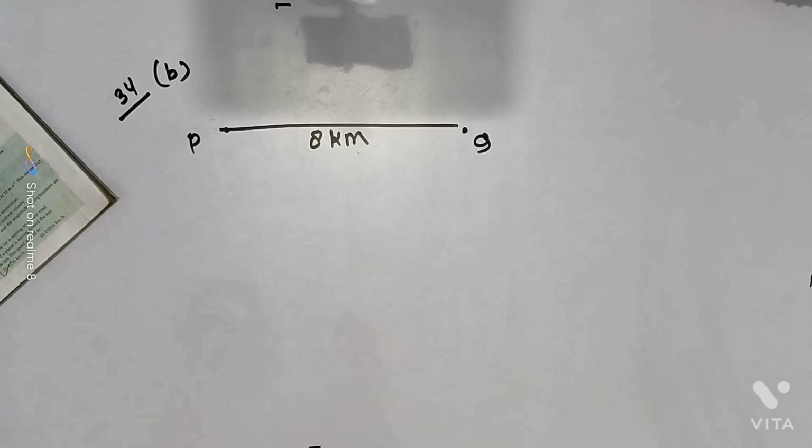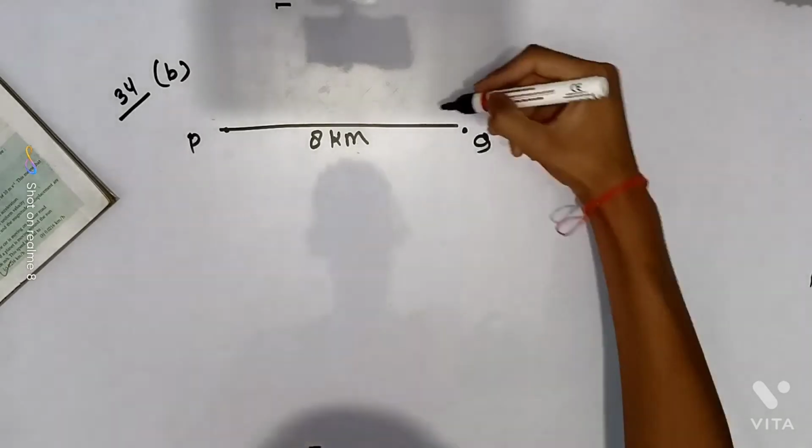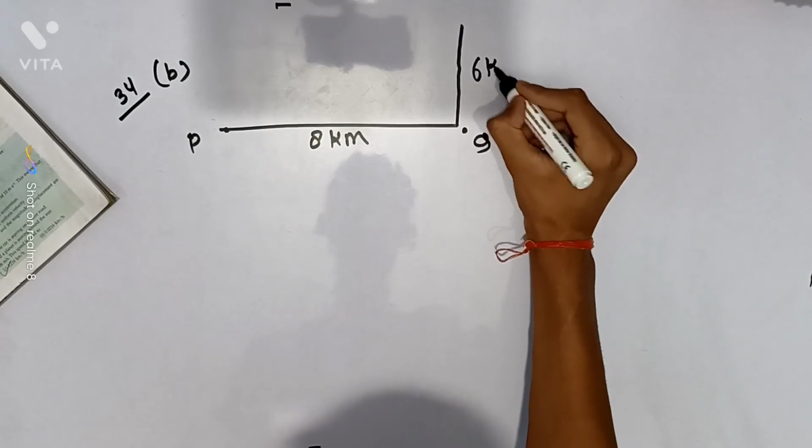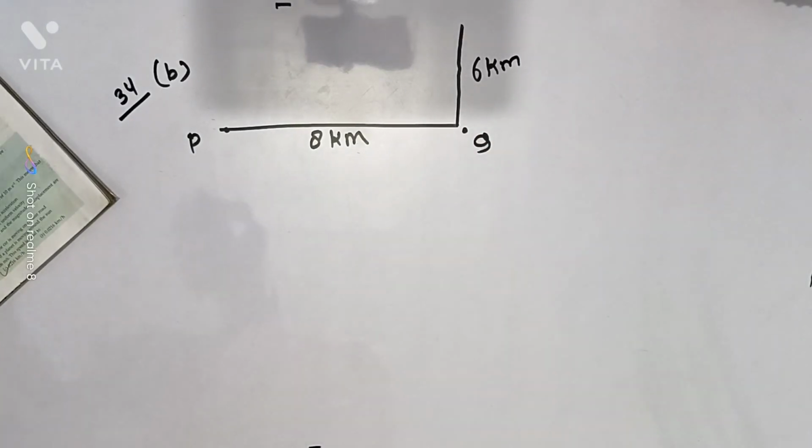Means the ant first travels from P to Q, and afterwards it travels at right angle to PQ, this way. So this ant travels 6 kilometer. Now they are telling us to find its resultant displacement.